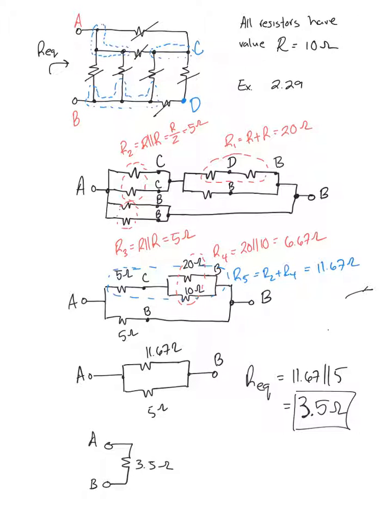Now, if you were tasked to find a specific parameter inside this circuit, for example, the voltage across this resistor highlighted in the middle, you would not want to reduce this into a single resistor of 3.5 ohms because you would lose the information about what's happening internal to that. This is just a model for the behavior between A and B. So if what's interesting is purely the behavior describing the relationship between nodes A and B, then reduce the system.